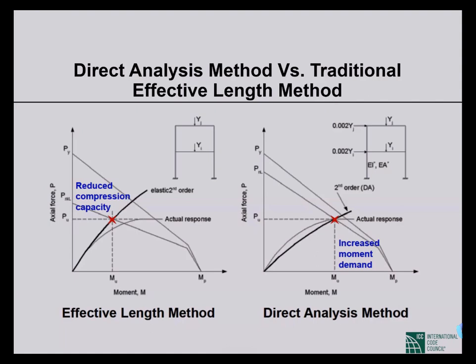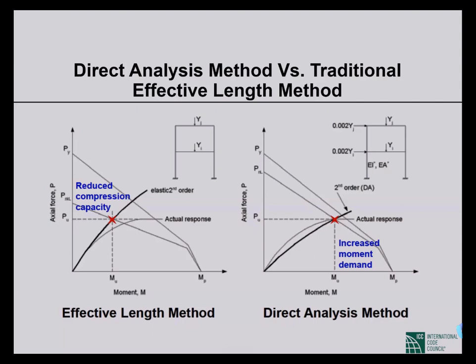So from the left picture, you can understand the difference between actual response and the analysis results. In the left picture, the interaction curve is shown, and the thicker line, that is the analysis result, intersects at some point.